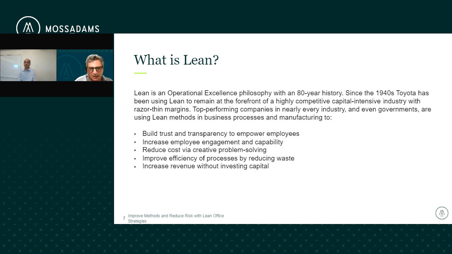It'll help reduce costs while creating creative problem-solving solutions that usually don't impact CapEx, and improve the efficiency of processes by reducing waste. And it'll increase revenue without investing additional capital. The mantra of lean, as a famous lean diplomat indicated, is easier, better, faster, cheaper. That is the mantra of lean, and it's what we'll cover today.